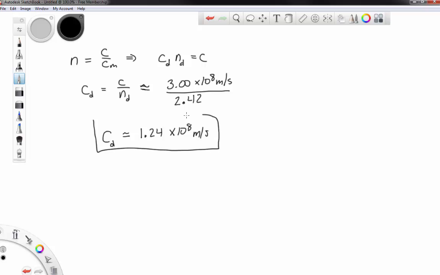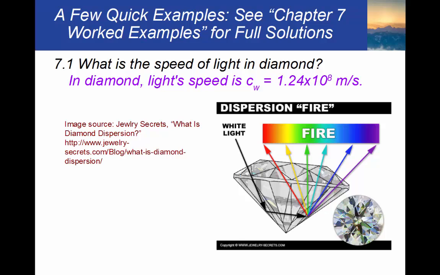So it's a bit slower than the speed of light in water, and a bit slower, of course, than the speed of light in vacuum. So that's how you find the speed of light in any general medium. Pretty important point for our first pair of examples.